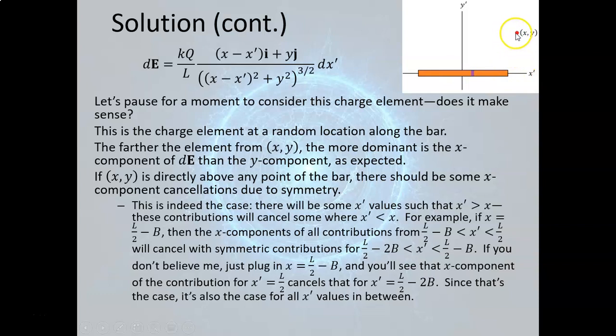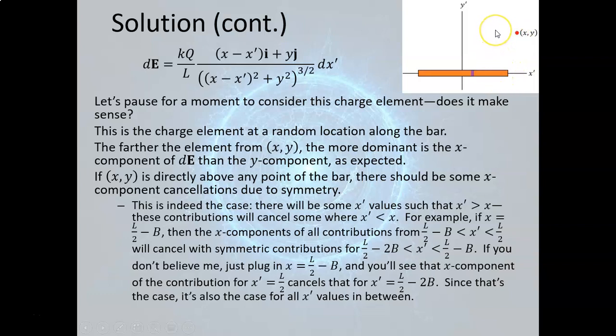But what if x is somewhere kind of above the rod? Let's consider the situation where the point where we're trying to calculate the field is some distance b to the left of the right edge of the rod.